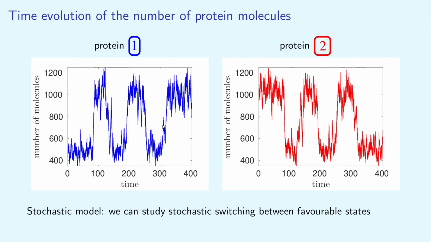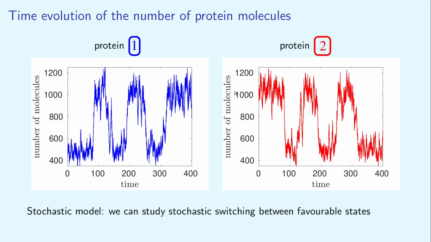You can see that the number of molecules of protein 1 fluctuates around the value of 500, but then it switches to fluctuating around the value of 1000. So we observe that this model qualitatively behaves like our initial example. It has two favorable states, and the stochastic model is capable of describing switching between these two favorable states.